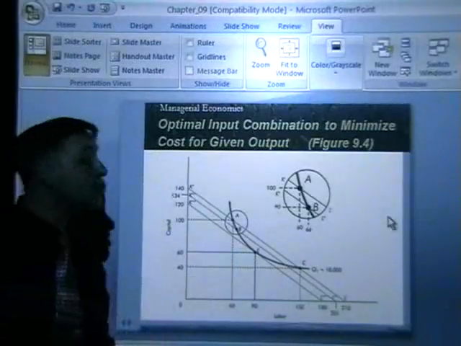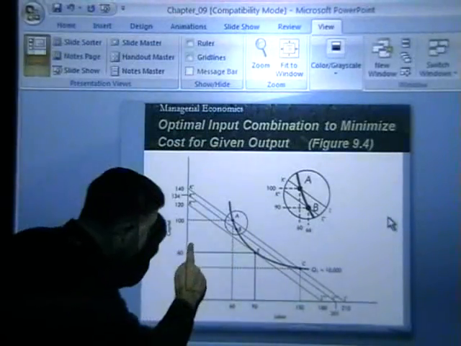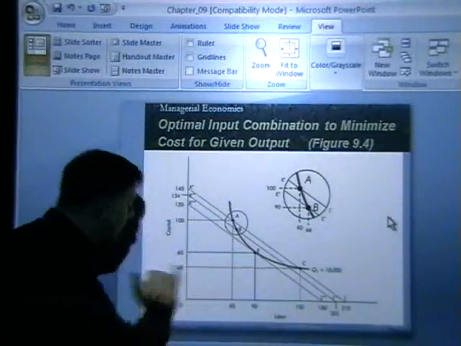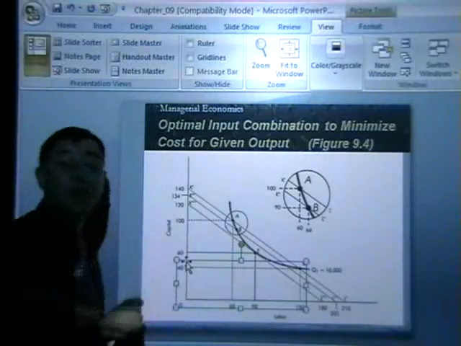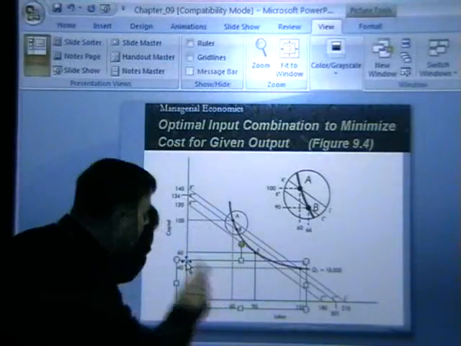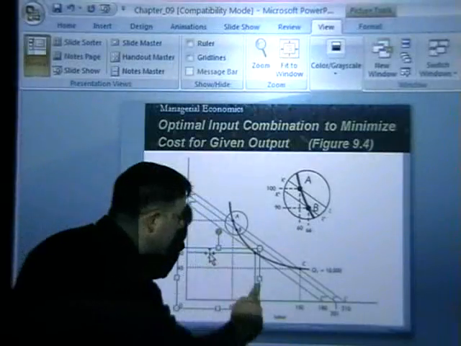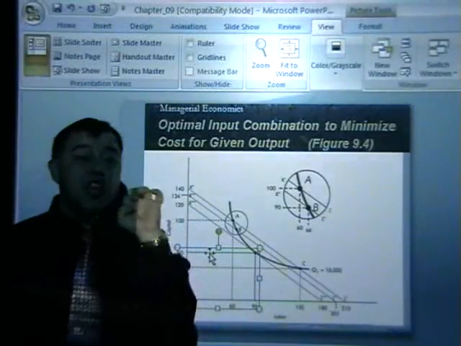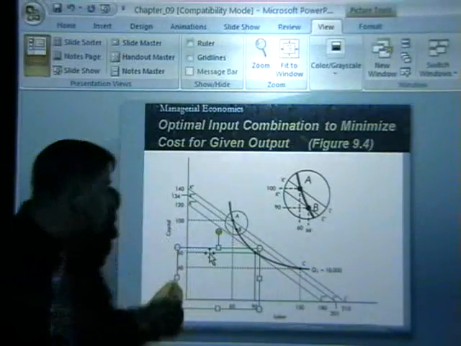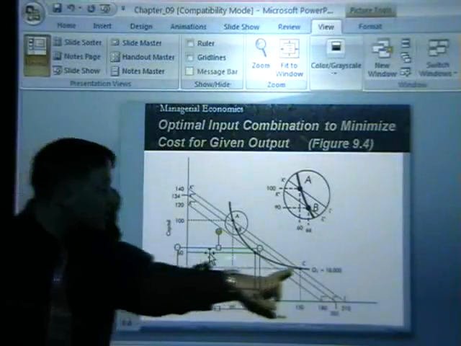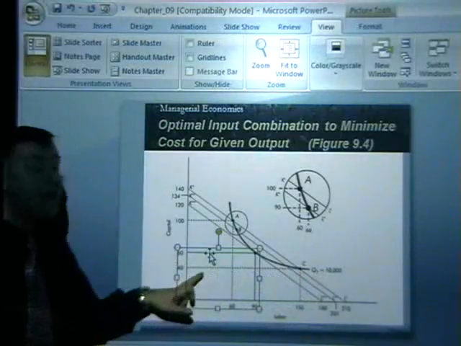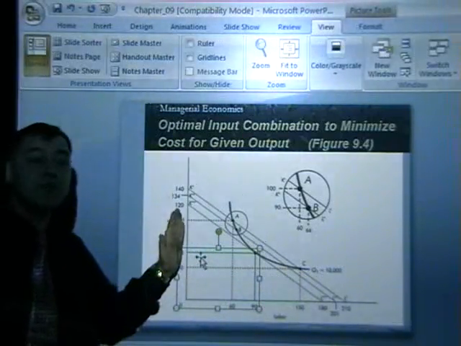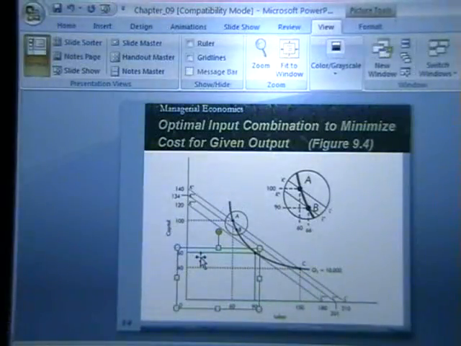If you want the quantity to be 1,000, you're going to get one point here. Then, if you want it to be 2,000, you're going to get the next point. Then, if you want 3,000, you're going to get the next point. So for each quantity of output, you get the optimal combination of labor and capital.